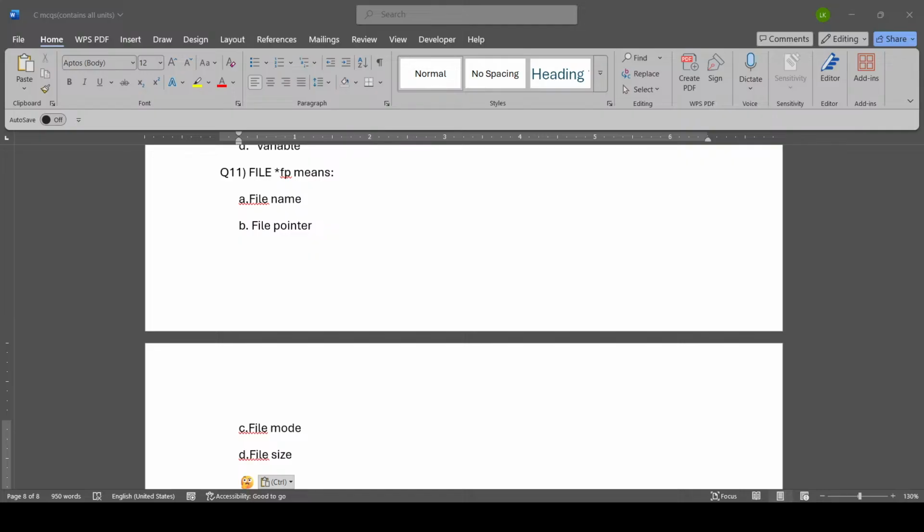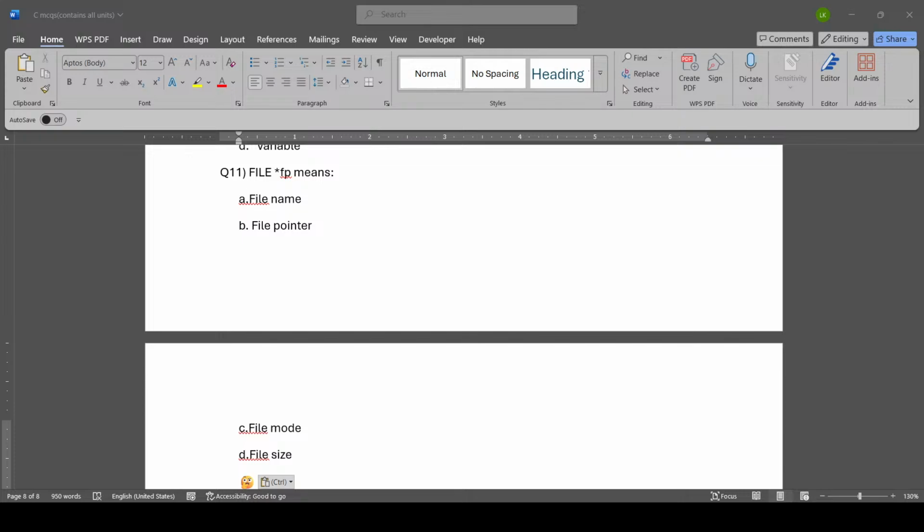When you open a file using a function like fopen, C does not directly give you the file itself; instead it gives you a pointer to a file structure. Just remember that C gives us a pointer to a file structure. That is why it is a structure, not a keyword.